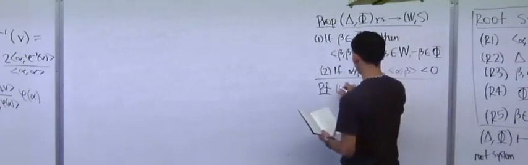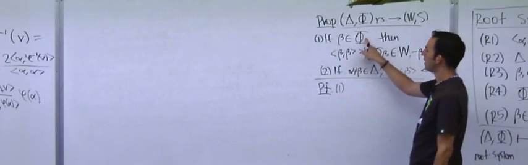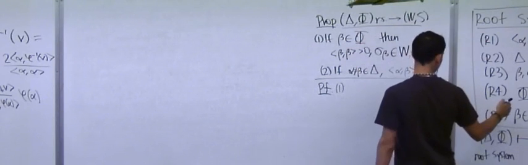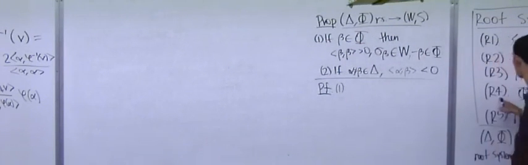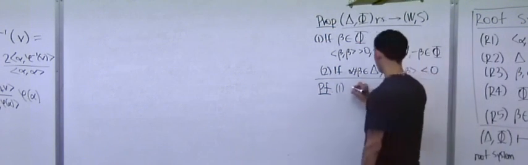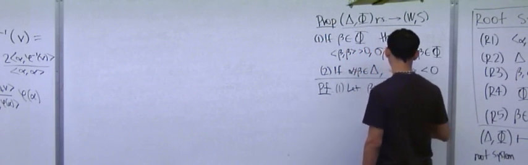So first, let's do 1. So what does it mean to be a root? Well, by R4, by this fourth property, roots are exactly the things that you can get by acting by the group W on a simple root. So let's do that. Let beta equal W times some simple root alpha.